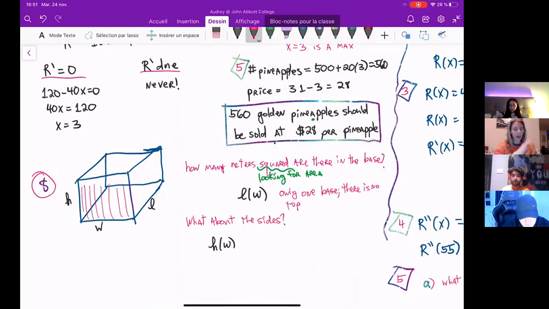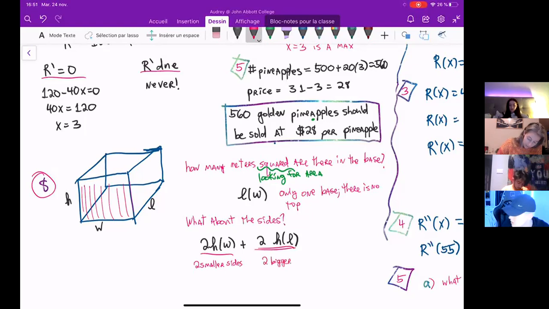Be careful. I have 4 sides, but do they all have the same area? I got 2 of them. But then my other 2 sides, the height is the same, but it's H times L. So this is the 2 smaller sides. And this is the 2 bigger sides.